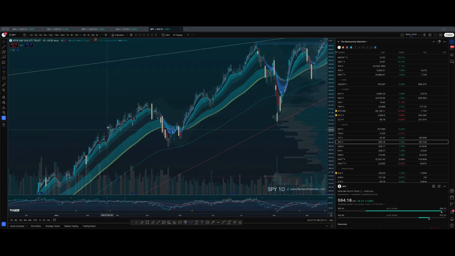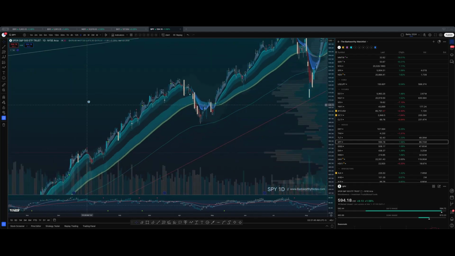It's technically really, if you want to start counting this and you look at that book, it's 1, 2, 3, 4, 5, A, B, C, repeat. That is what an impulsive wave structure really is.